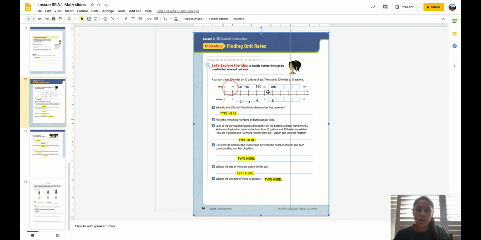Please pay attention to this number line as it explains very well in a visual way.